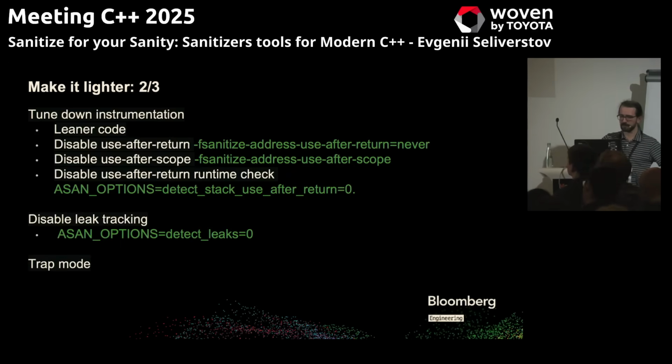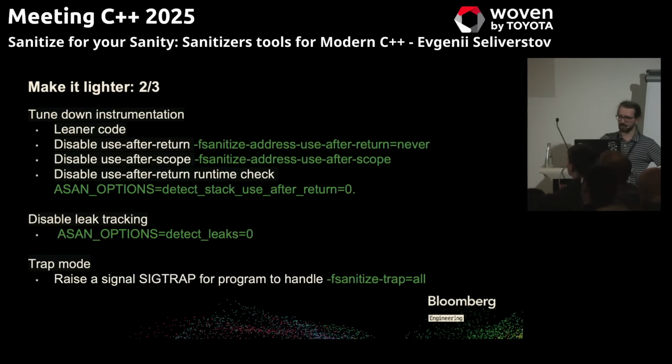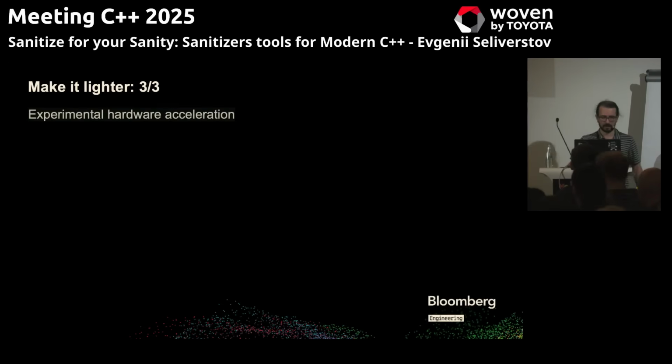And finally, if you're not satisfied with how fast you're failing, we can enable trap mode, which is a different approach to how we catch all the problems. It's not about the Sanitizer library handling this, but us just reacting to a specific Unix signal. And finally, we can experiment with hardware.